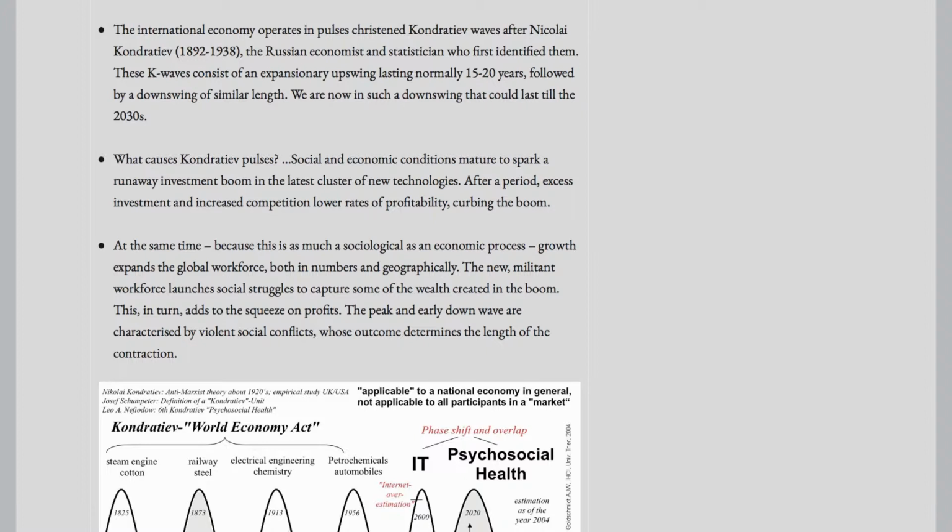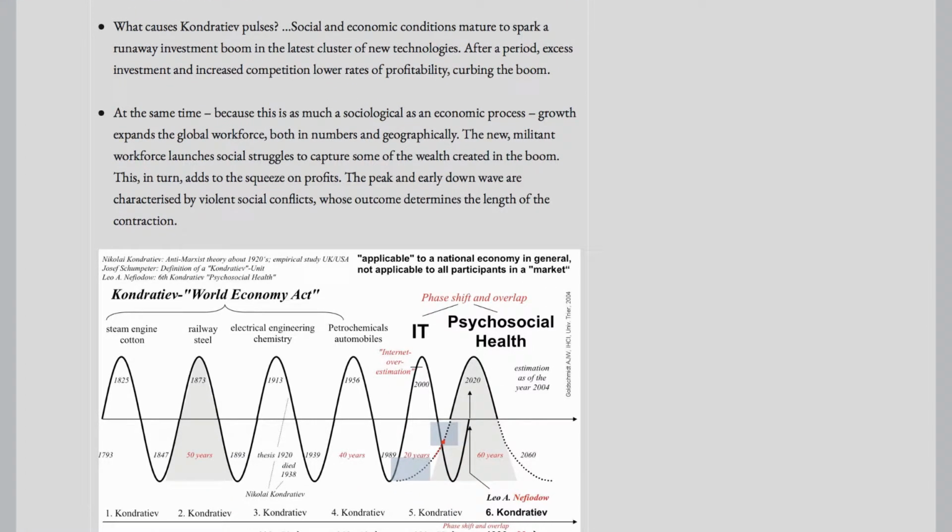What causes Kondratiev pulses? Social and economic conditions mature to spark a runaway investment boom in the latest cluster of new technologies. After a period, excess investment and increased competition lower rates of profitability, curbing the boom. At the same time, because this is as much a sociological as an economic process, growth expands the global workforce, both in numbers and geographically.